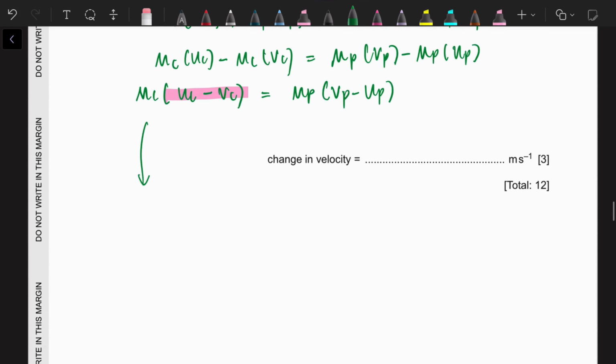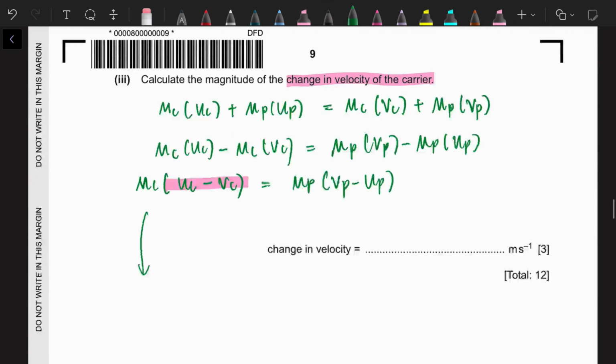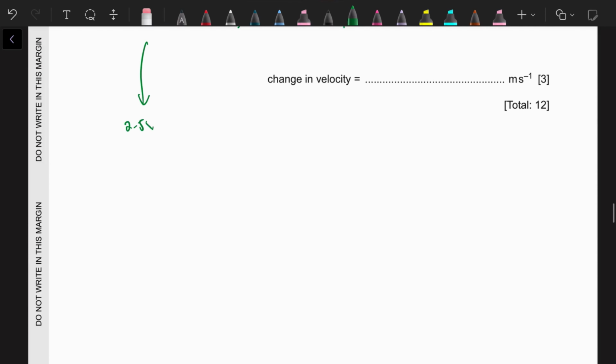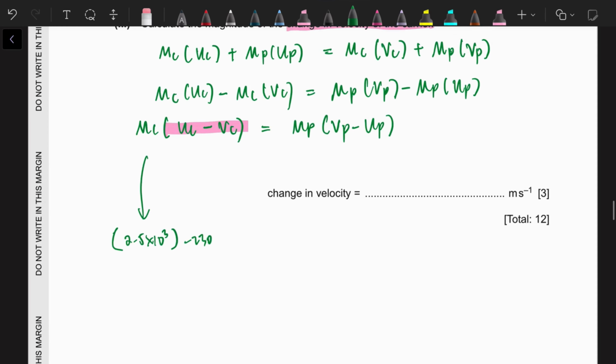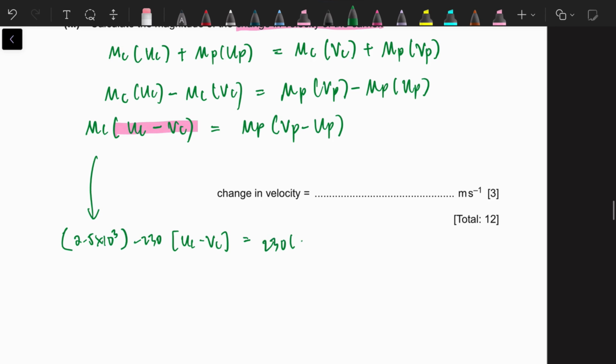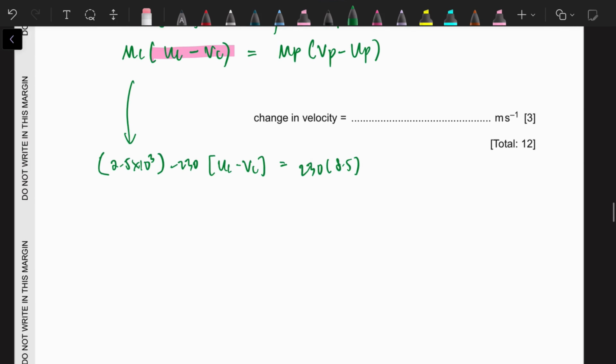Mass of carrier, the combined mass is 2.5 times 10 to the power of 3 minus 230. UC minus VC equals 230 times 8.5. Okay.